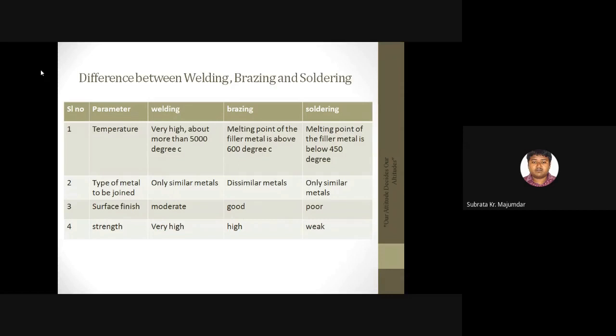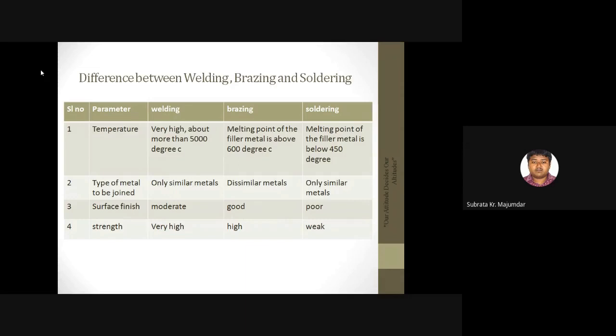Now coming to the criterion of power consumption. The power consumption rate is much higher in welding, because we know that during welding the temperature can rise to more than 600 degrees centigrade.